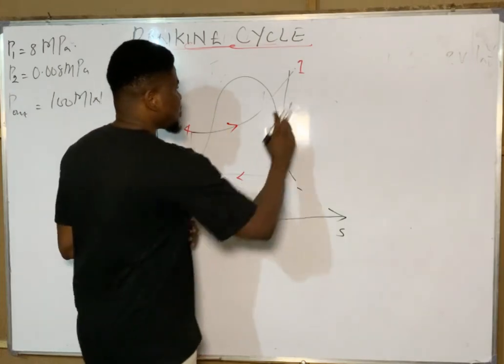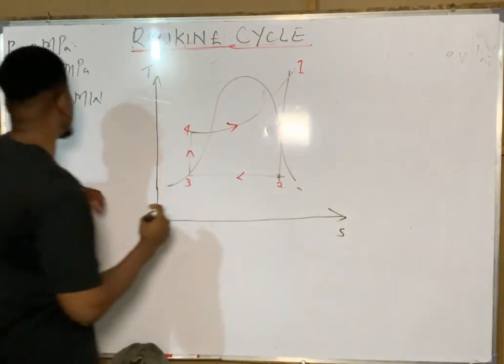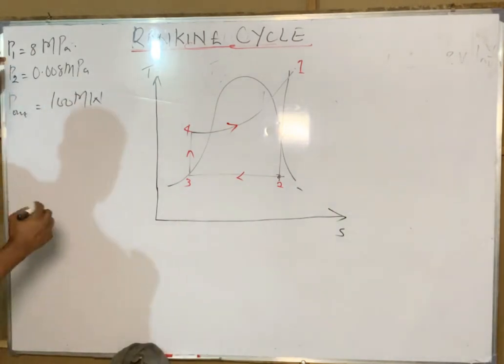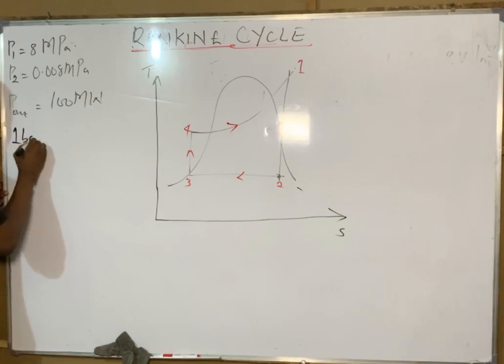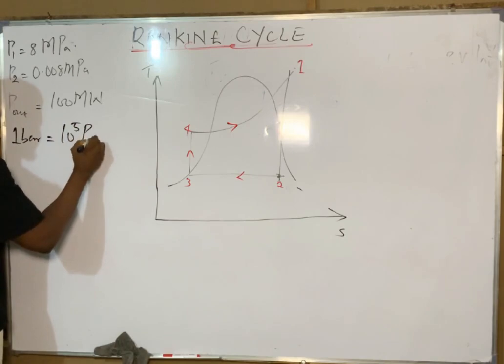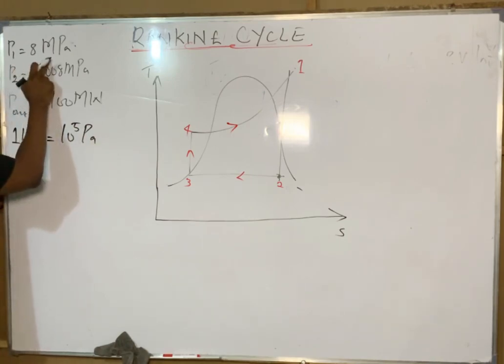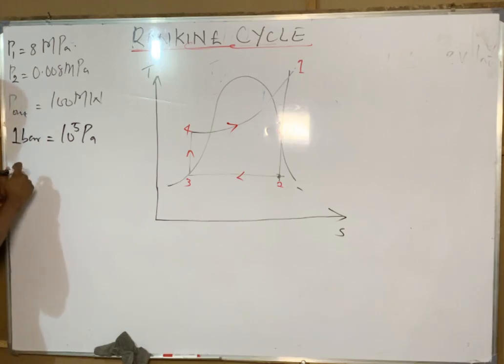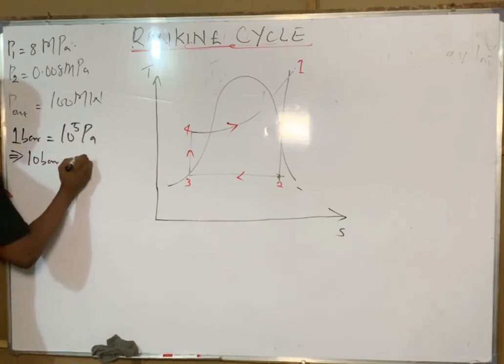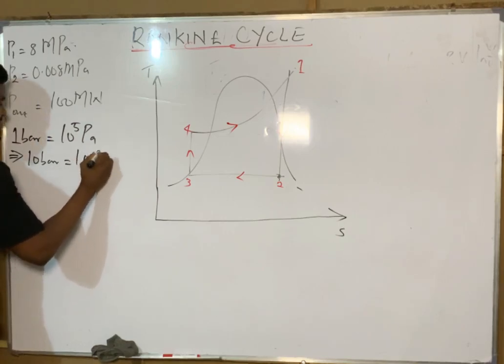Okay, now the properties at state 1. P1 is given as 8 megapascal. Now keep in mind, 1 bar is equal to 10 to the power of 5 Pascal, and mega is 10 to the power of 6. So this simply implies that 10 bar will be equal to 1 megapascal.